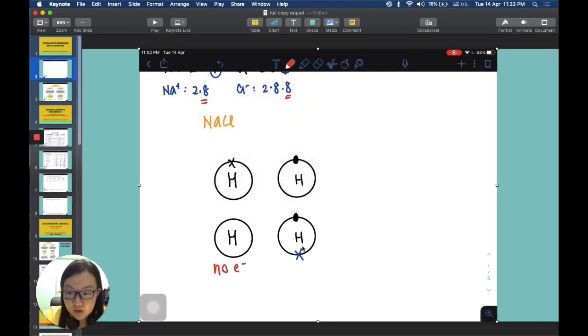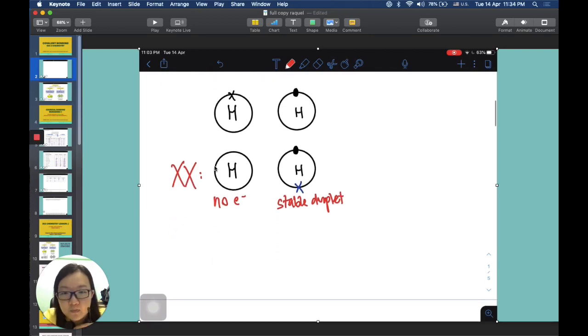The first hydrogen will end up with no electrons; the valence shell is totally empty. Whereas the second hydrogen achieves the stable duplet. That's why ionic bonding cannot happen: one hydrogen can become stable, but the other one is super unstable, with no electrons at all.